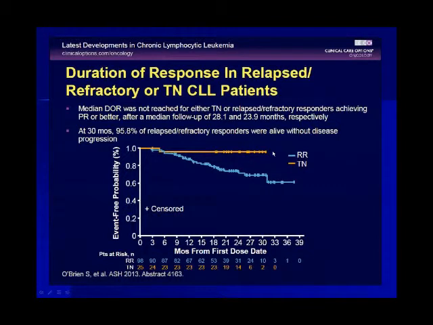So it looks like the earlier you treat people, the better the treatment works, and that may well make a major difference now to the way we treat people with CLL. So in fact, we may stop giving chemotherapy drugs completely and go on to something like Ibrutinib, because the responses are so good, and also dramatically better if you give them at the beginning rather than wait until people have had chemotherapy and it stopped working.